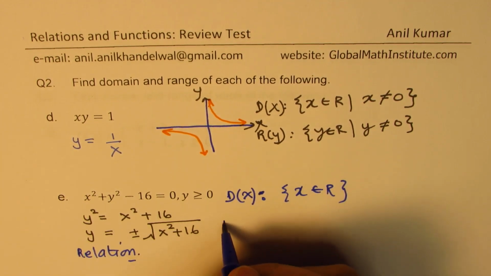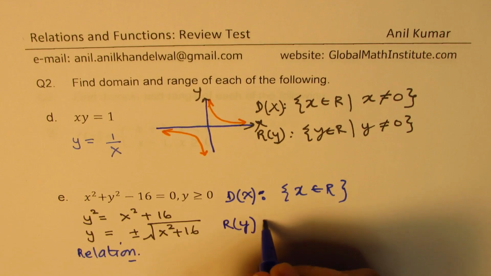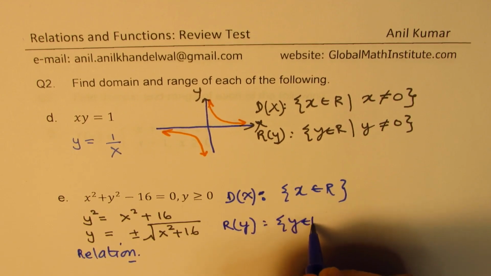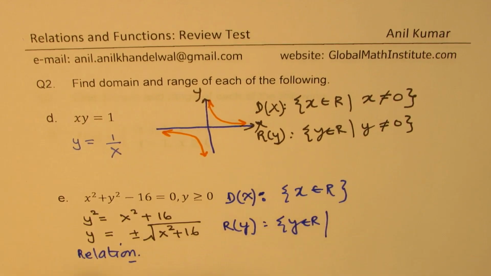Now let's talk about the range of this function. So y belongs to real numbers. However, y could be anything, positive or negative, right? So what are the values of y which we could have? If x is 0, we get square root of 16, which is plus minus 4.